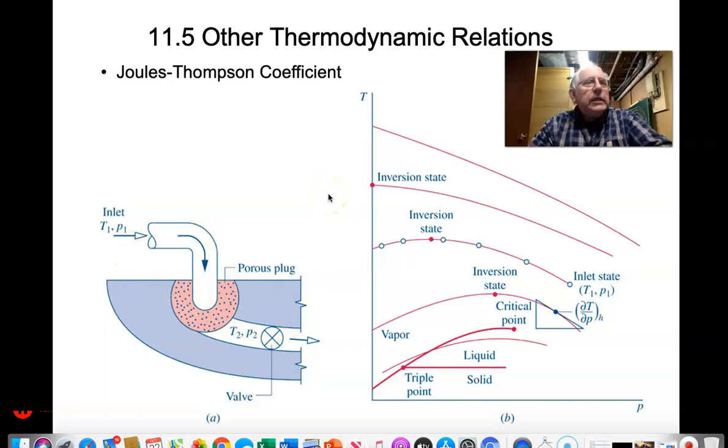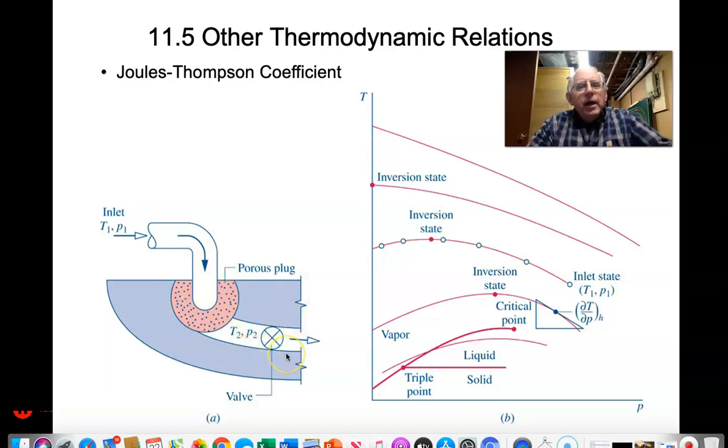And we have seen constant enthalpy processes in our expansion valves. And so what you see here on the right-hand side is an example of an expansion valve. Basically an inlet at a temperature and a pressure, a substance would be coming in, and it would go through a porous plug and then a valve.